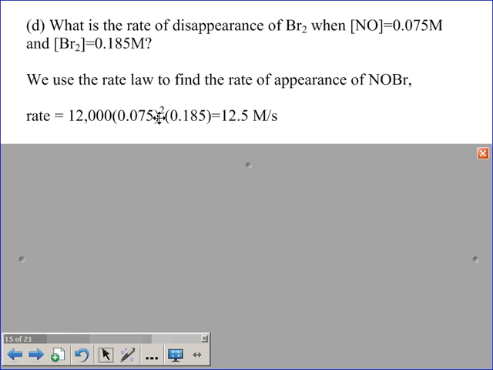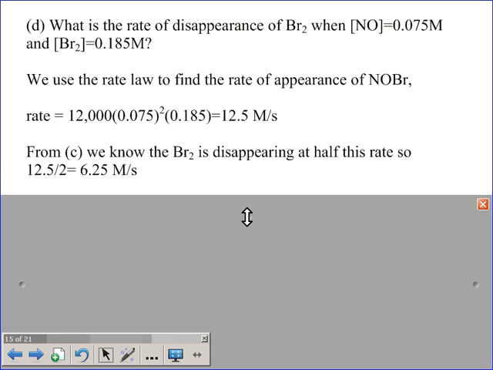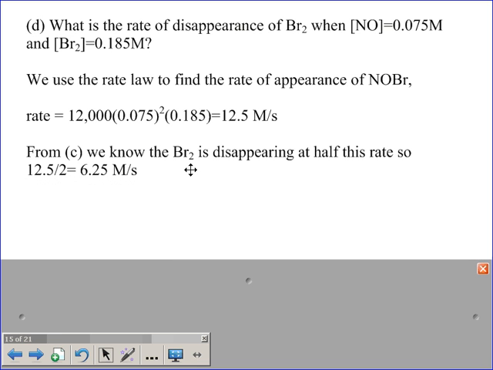I'm using the rate law, so it's raised to the second power here. So 12.5 molarity per second. That's how fast NOBr is showing up. From C, I know that the bromine is disappearing at half of that rate. So the rate that this is showing up divided by 2 equals 6.25 molarity per second.